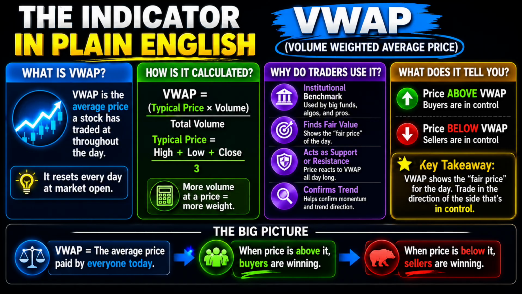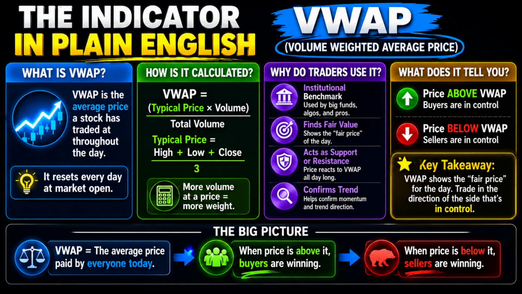It resets every day at market open and is mainly used on intraday charts like the 5-minute or 15-minute. When price is above VWAP, buyers are often in control. When price is below VWAP, sellers are often in control. The calculation sounds complicated, but the idea is simple.